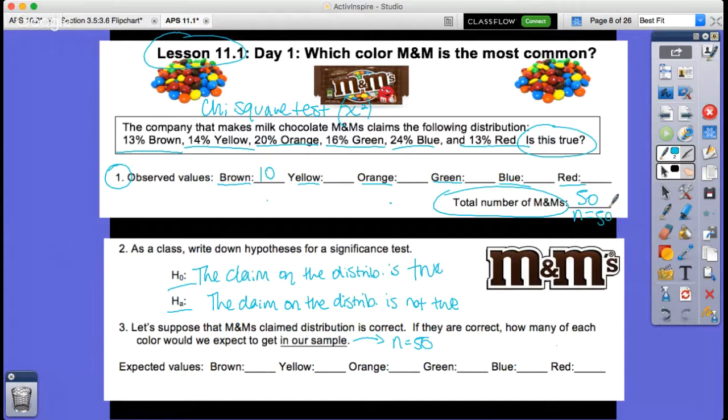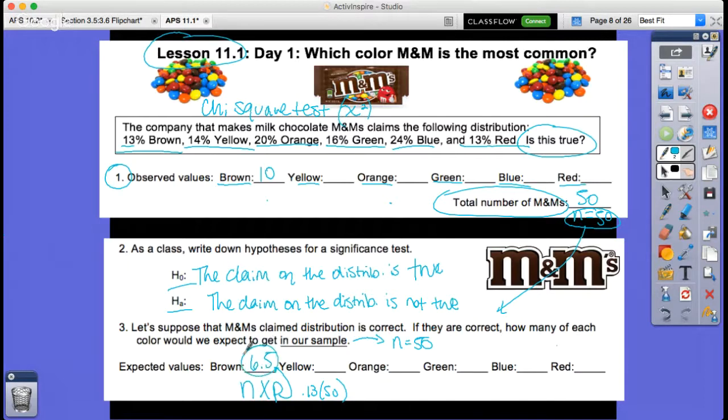Yours will be a little different. For brown, we multiply N times P: 50 multiplied by 0.13 is 6.5.